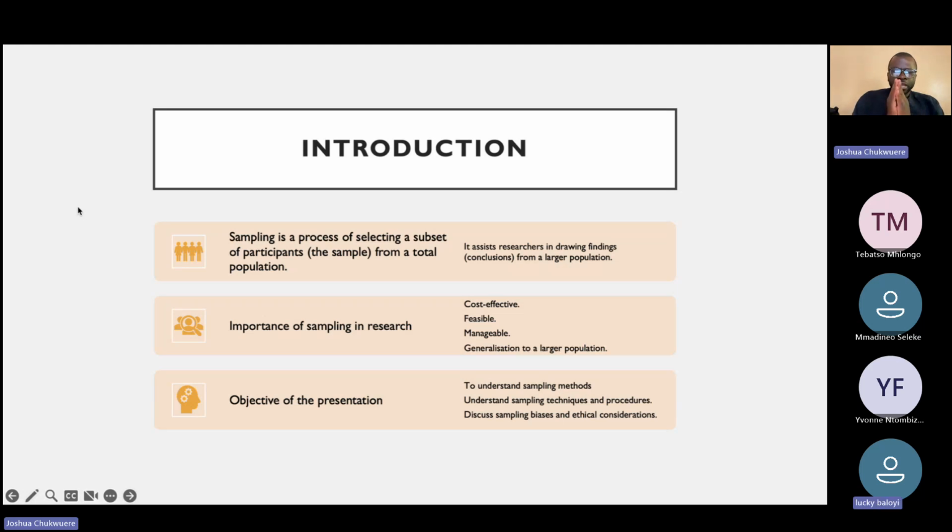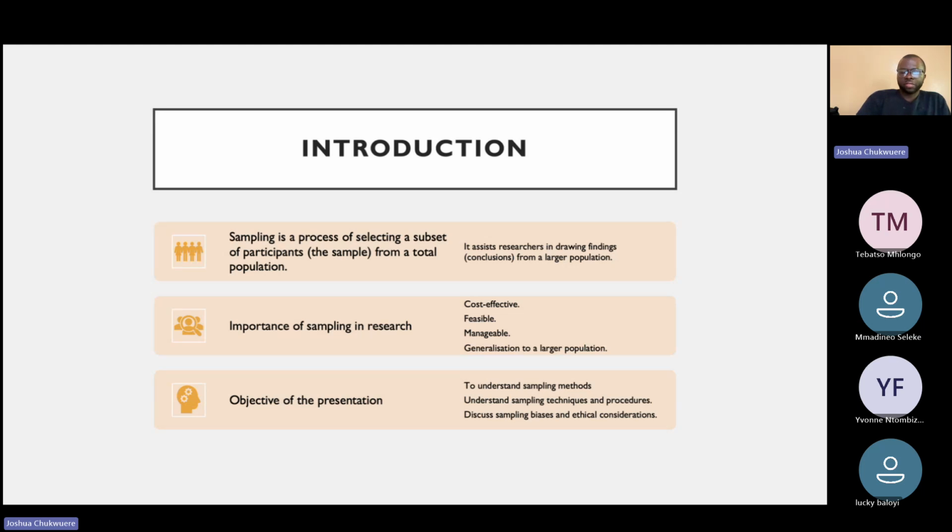Now, there is also the importance of sampling. Sampling is very unique, it's very important because of what? It's cost effective. The amount of time it will take you to get the entire population can be massive. But through your sampling, that can be reduced to a reasonable number.